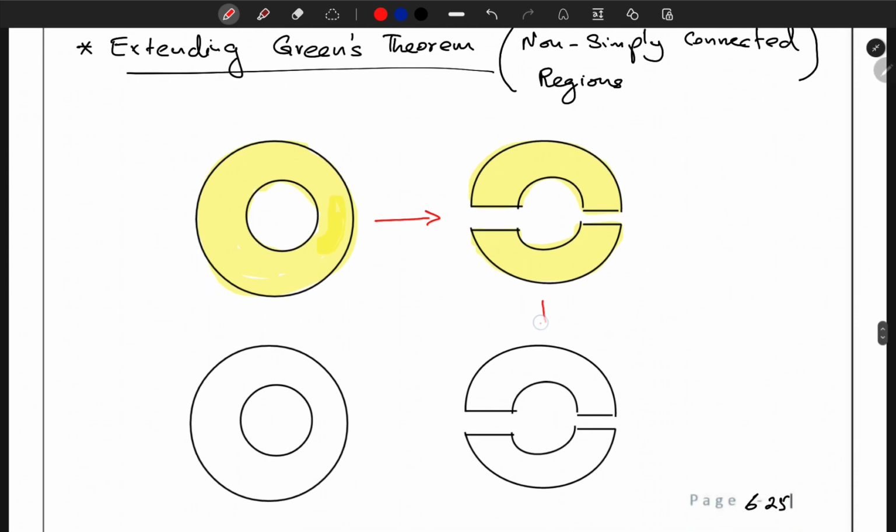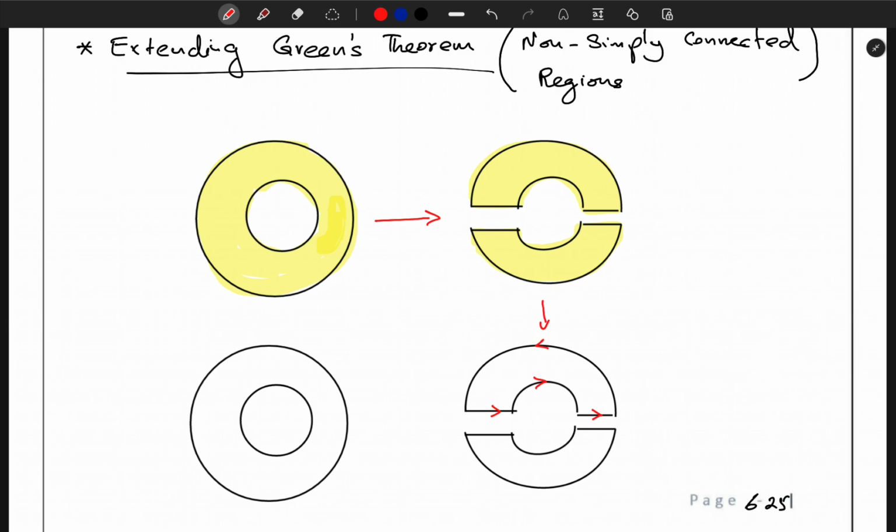So we are going to use Green's theorem to evaluate the top simply connected region. Instead of integrating across the region, we are going to integrate around its boundary in the counterclockwise direction.